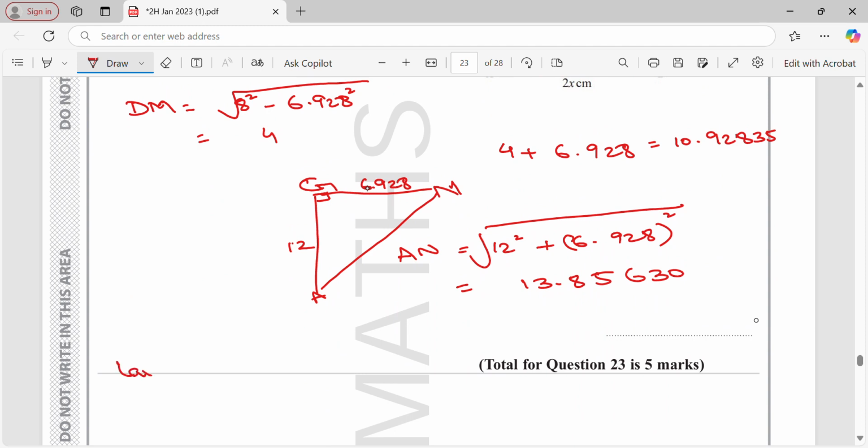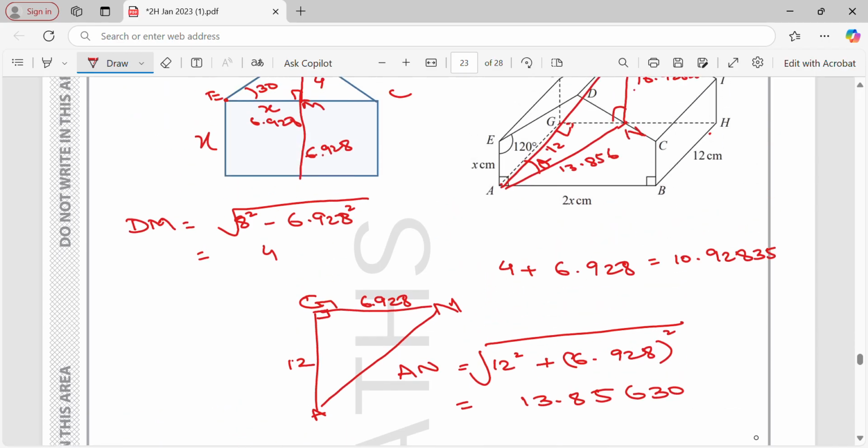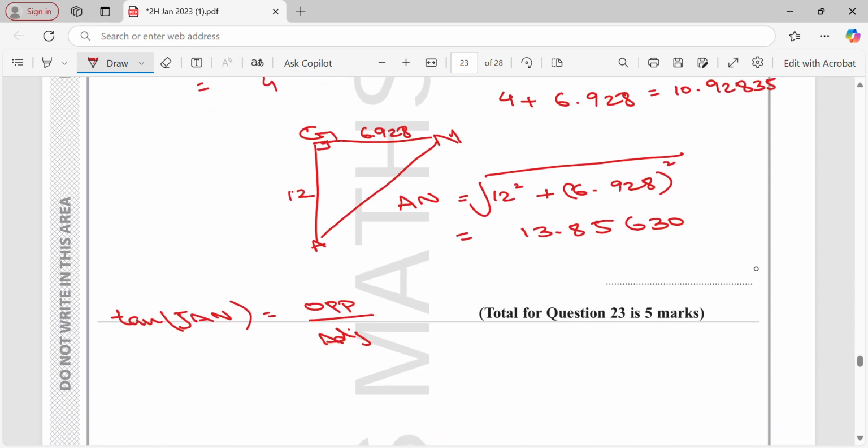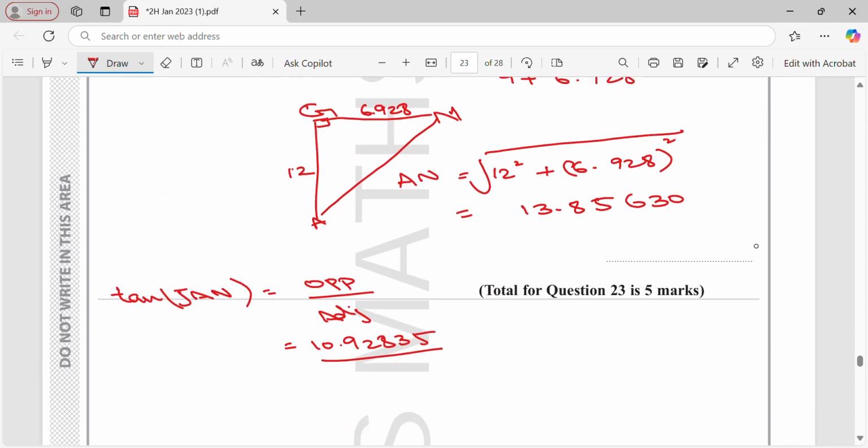So tangent JAN, or you can write tangent theta, which is equal to opposite over adjacent. Opposite is 10.92835 and adjacent is 13.85630. So 10.92835 divided by answer, and then shift tangent inverse because we're finding an angle here.